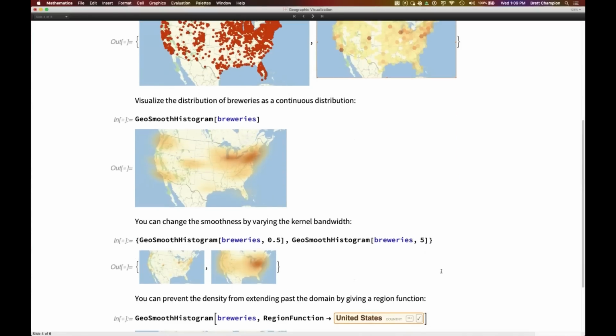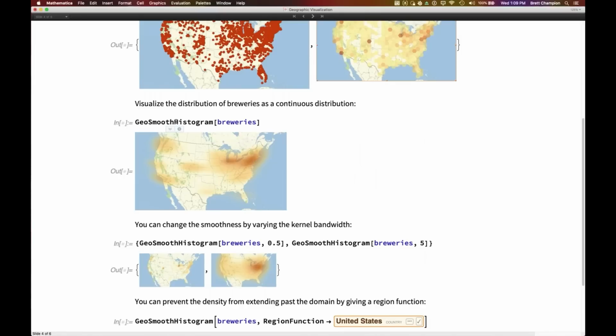With version 12, we added GeoSmoothHistogram, which is analogous to SmoothDensityHistogram for non-geo data, and uses kernel density estimation to generate a smooth gradient of values.